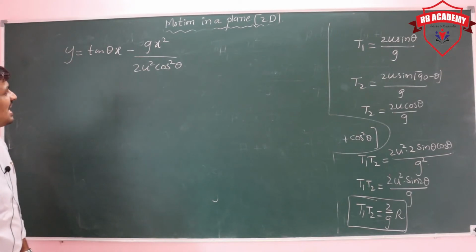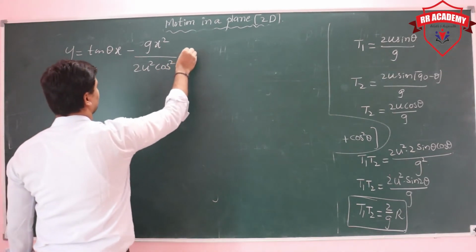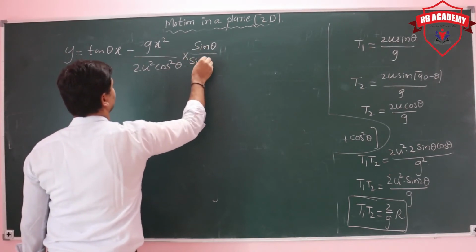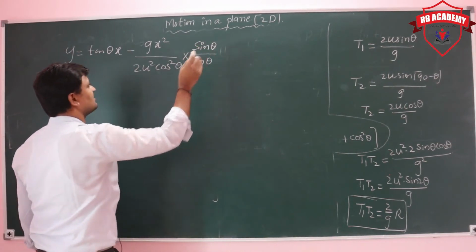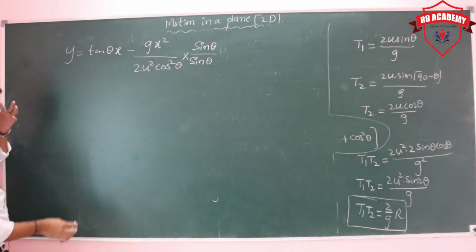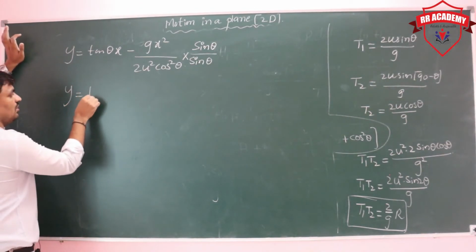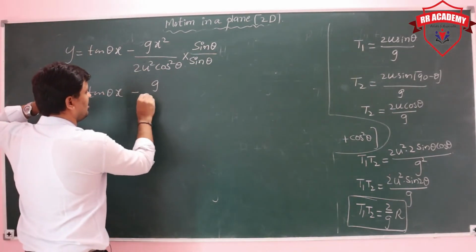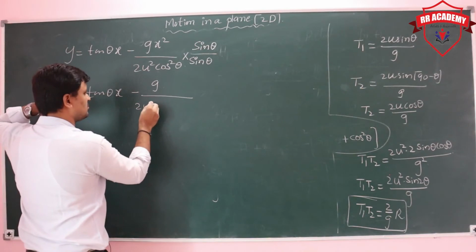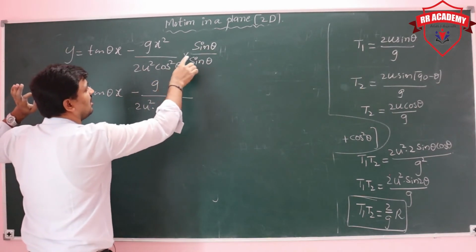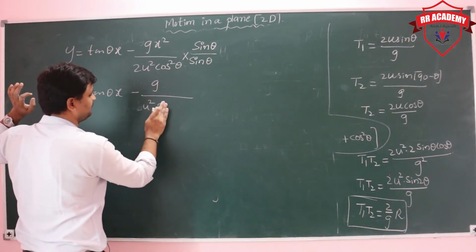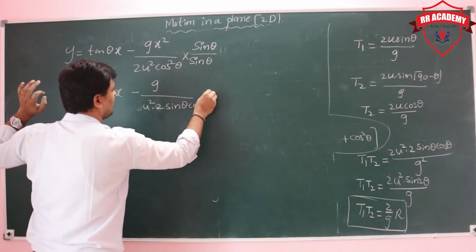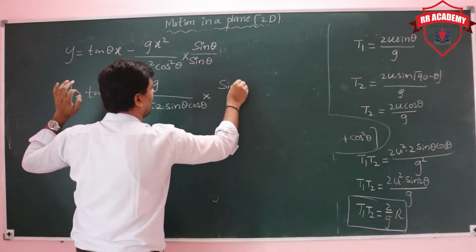Multiply and divide with the sine function, sin theta upon sin theta. Then y is equal to tan theta x minus g upon 2u square into 1 upon cos square theta, which we write as 2 sin theta cos theta into sin theta upon cos theta.